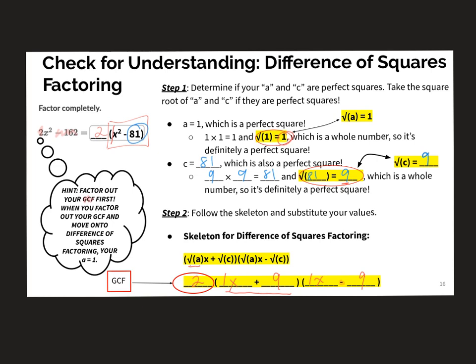So this is the last example of all the different kinds of methods that we've been covering for factoring, right? If you have any questions, please reference the specific check for understanding topic or the specific example, and try to figure out at what step you're really struggling at. If it's just getting started, that's fine, but please be specific about the type of example that you want me to cover with you. All right, good luck.